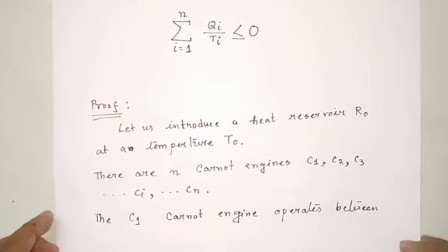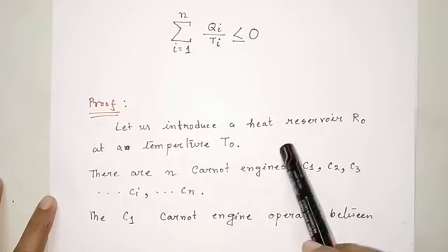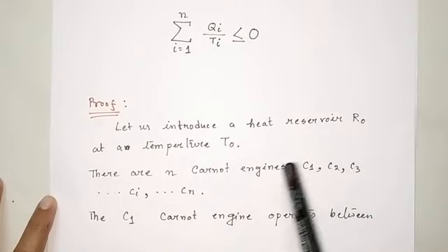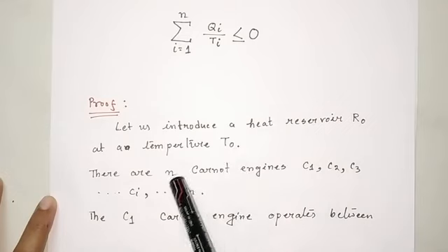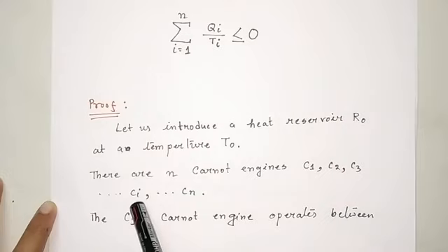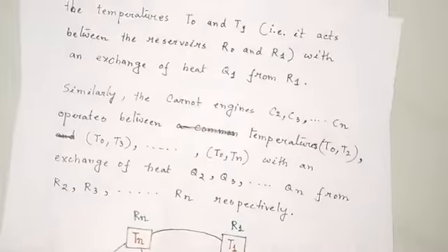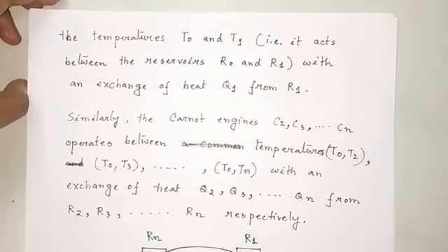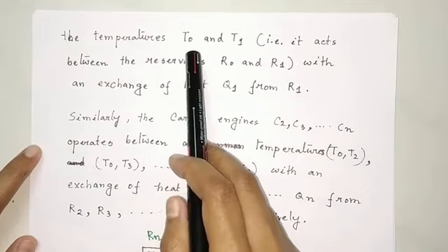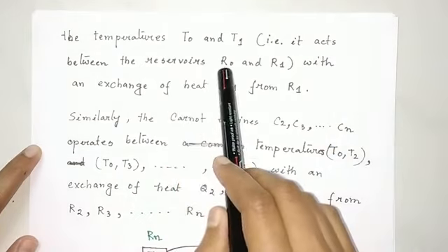To prove this theorem, let us consider a heat reservoir R0 at temperature T0, and there are n Carnot engines, C1, C2, C3. The ith Carnot engine is Ci, and the nth Carnot engine is Cn. Now, the C1 Carnot engine operates between the temperatures T0 and T1, that is, it acts between the reservoirs R0 and R1.